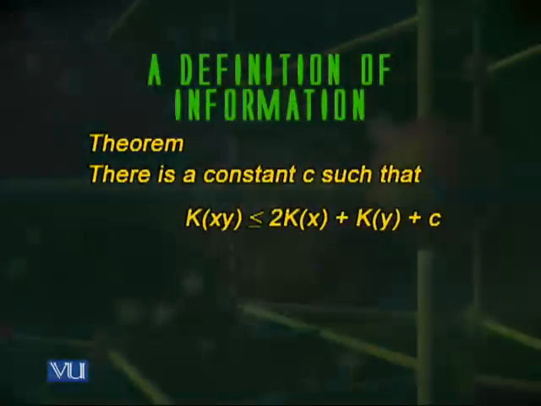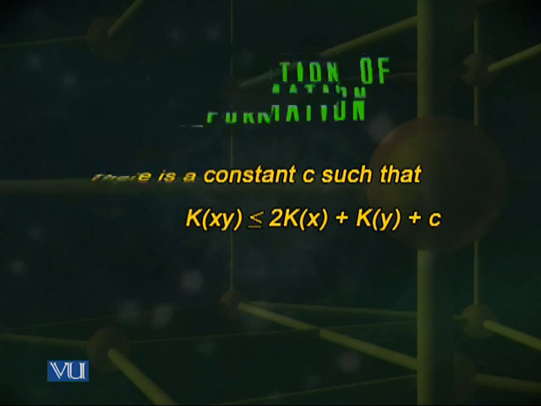Let's now prove something else. That there is a constant c such that the descriptive complexity of x, y is less than or equal to 2 times the descriptive complexity of x plus the descriptive complexity of y plus a constant. So what we want to say is that the amount of information in x followed by y cannot be a lot more than the amount of information in x plus the amount of information in y.